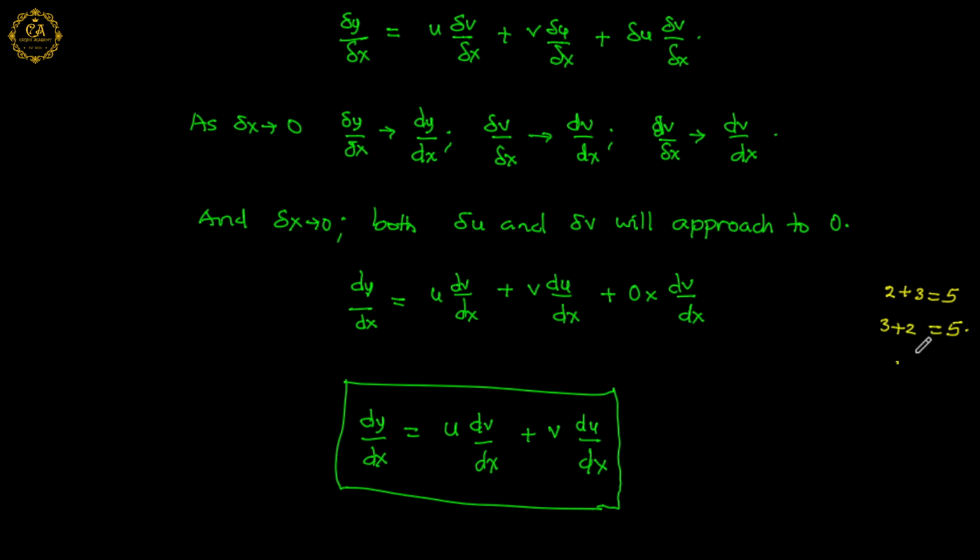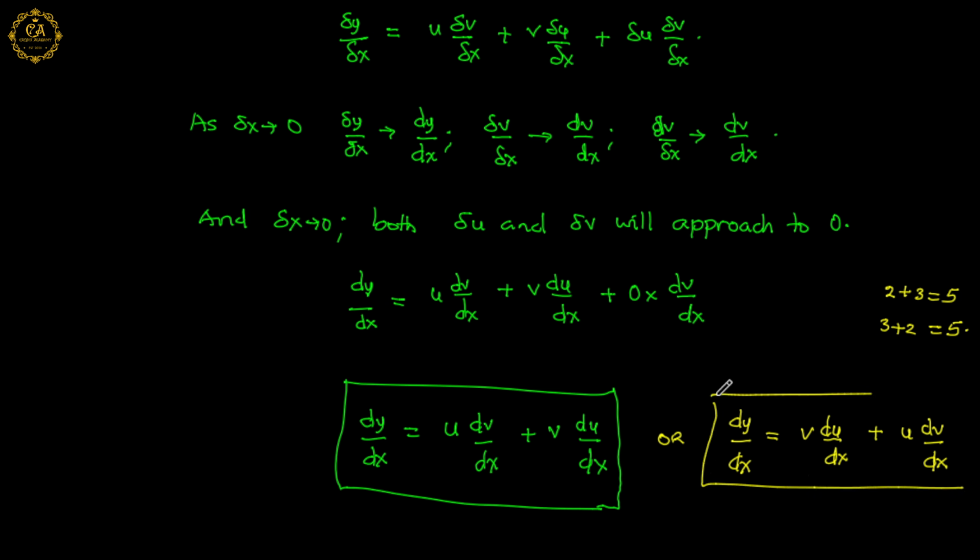So with all this, if you write this formula as dy by dx equals v du by dx plus u dv by dx, it is 100% valid. So these are two options in which we can write the product rule.